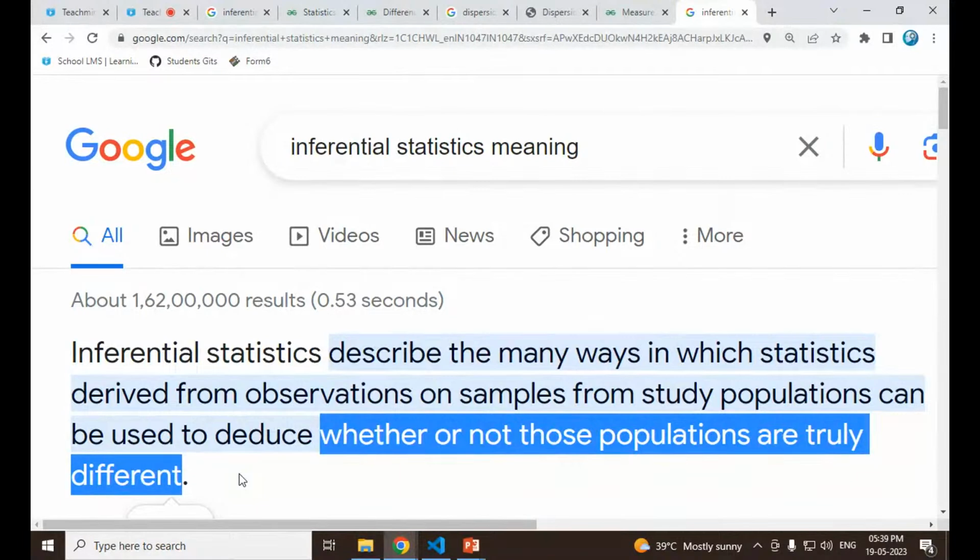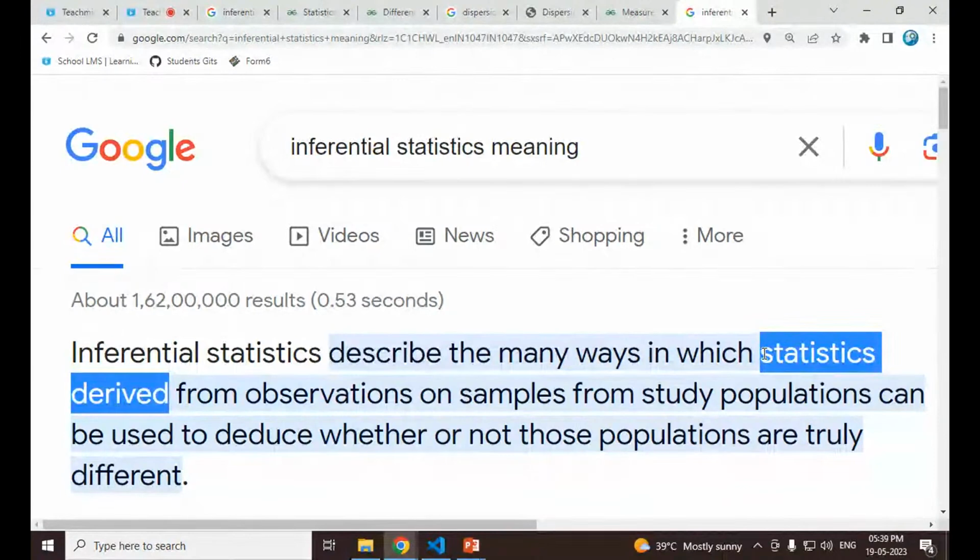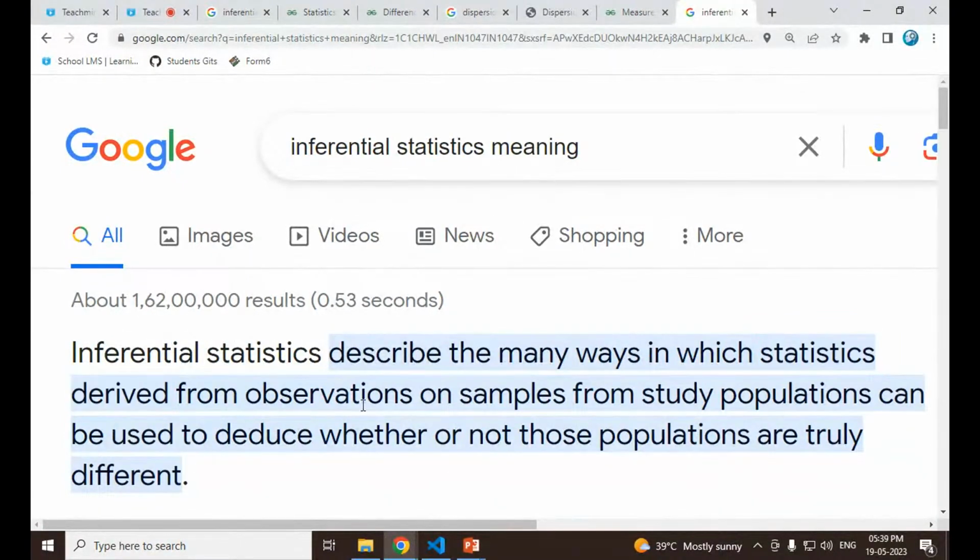Right? Are they truly different or same? So to deduce that, we have inferential statistics. So we need to have reasons to infer on.